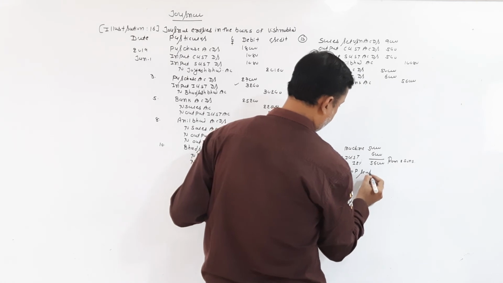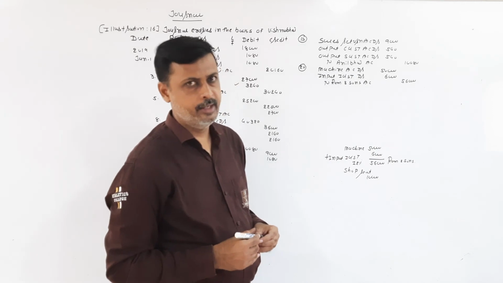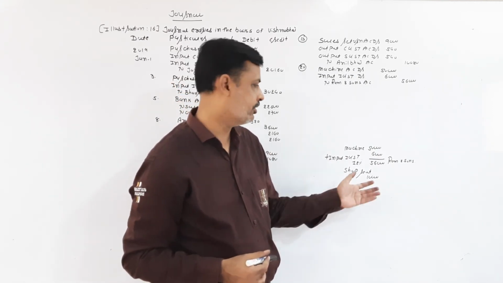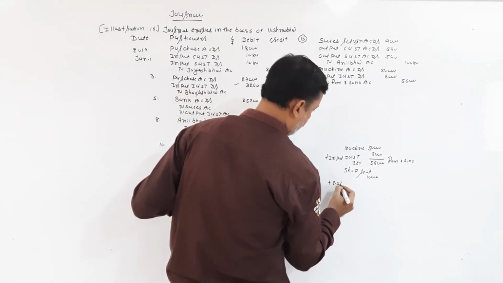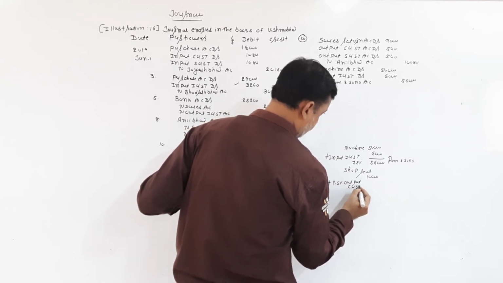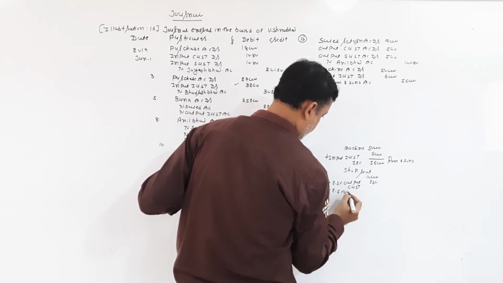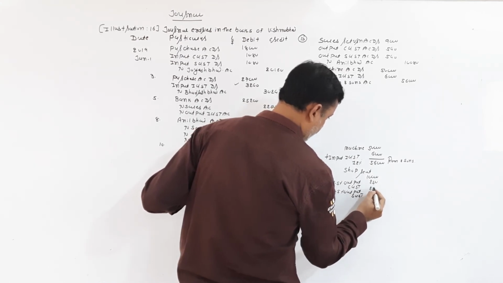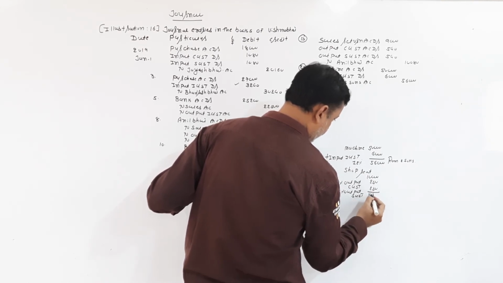Shop rent is service, so 2.5% CGST, 2.5% SGST, that is 250 each. So total 10,500.